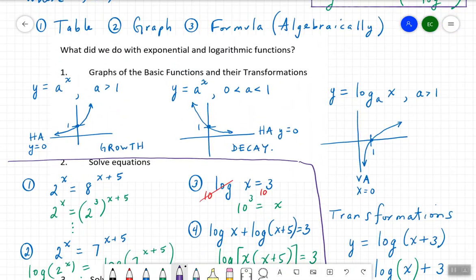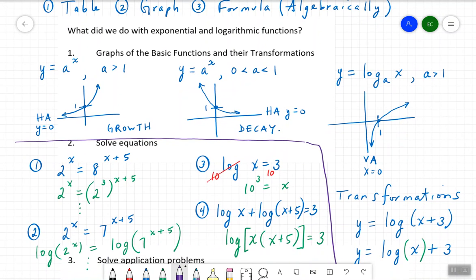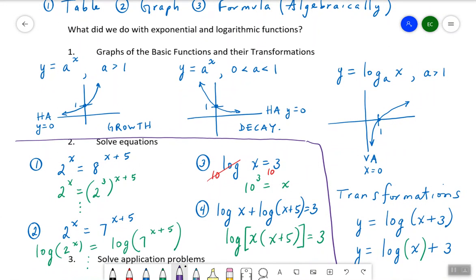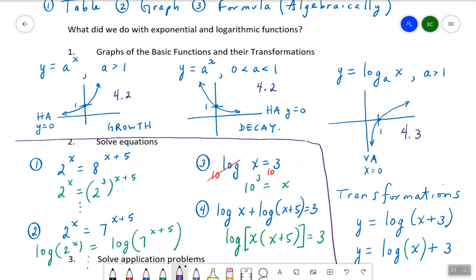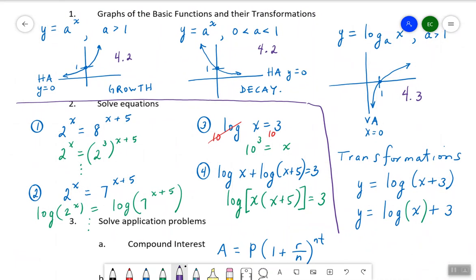Okay, what did we do with exponential and logarithmic functions? We saw their graphs. So these first 2 graphs, the graphs of the exponentials, are in section 4.2, and the graph of the log is in section 4.3, and then the transformations are in section 4.2 and 4.3.